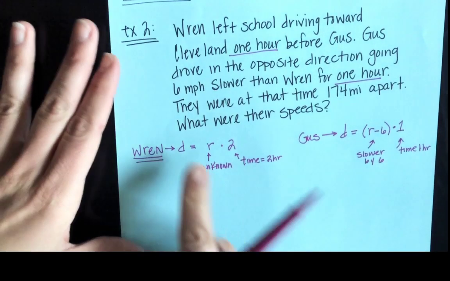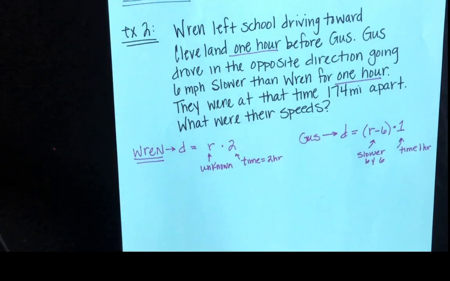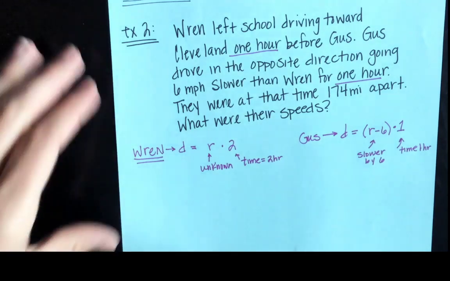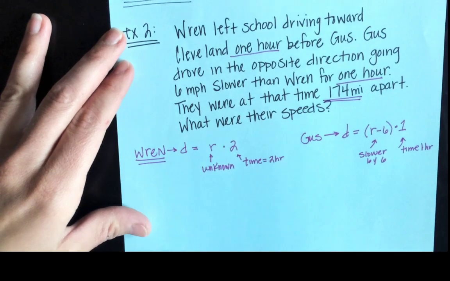So we now have distance equals rate times time, just like we did before. The difference here is it wants to know together. They were at the same point that far apart.